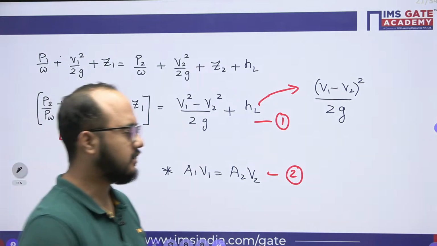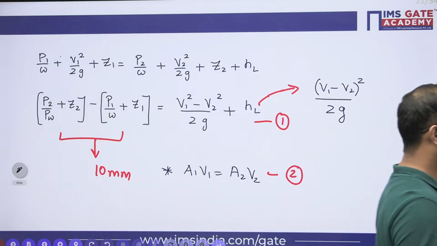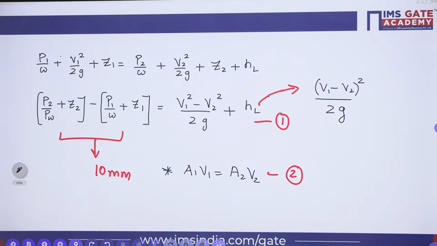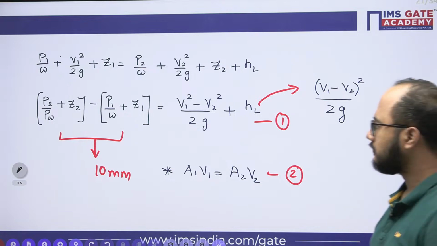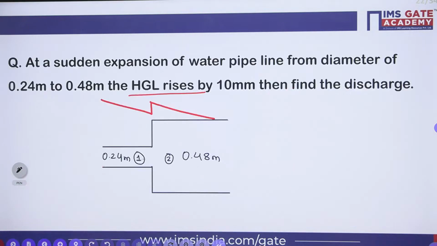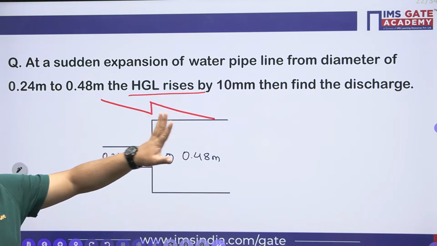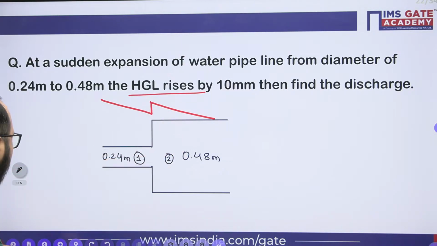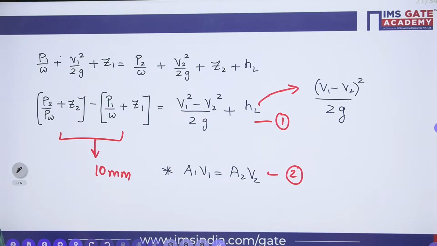Do it fast, guys. What will be the answer for the discharge? It's the same kind of question, but what is given is the HGL rise. You should be able to utilize that data in the equation, otherwise it is very difficult to understand the question.